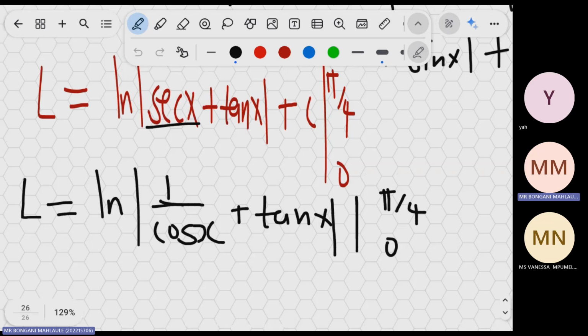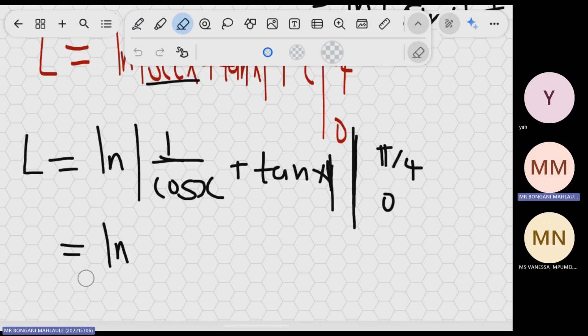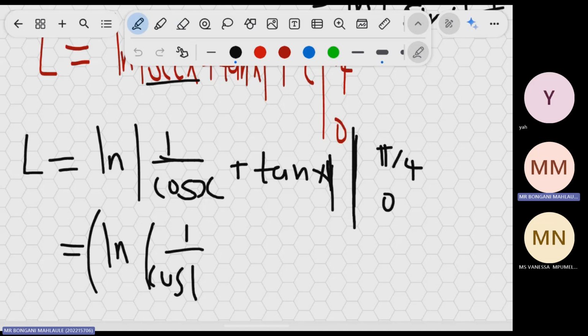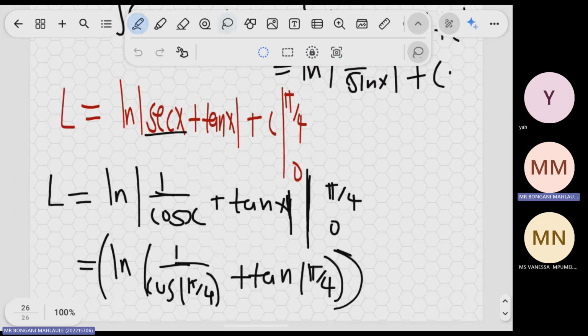I hope you understand why we're having two of these. That one is for the interval. To take care of this interval, it should be longer. This one should be short. So you'll have ln of 1 over cosine pi over 4 plus tan pi over 4. That's what you will have.